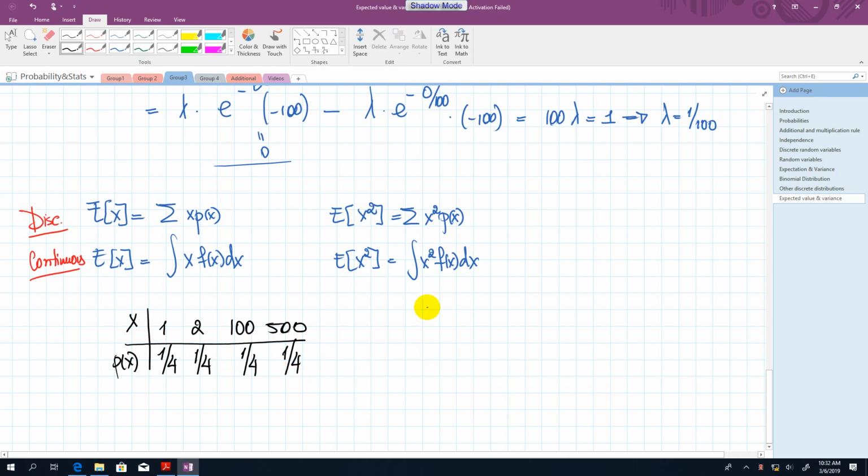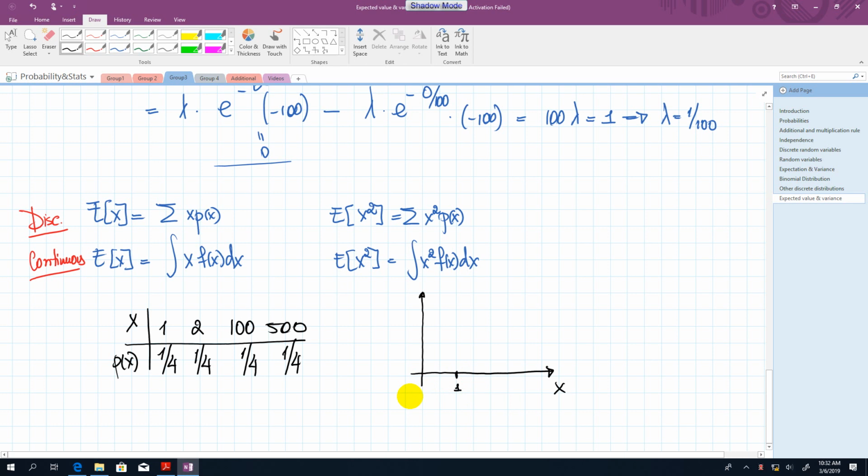Now, let's discuss this in a continuous case. Let's consider the random variable x, which takes values only from 0 to 1. If I say that x has the uniform distribution, how should the density function be?